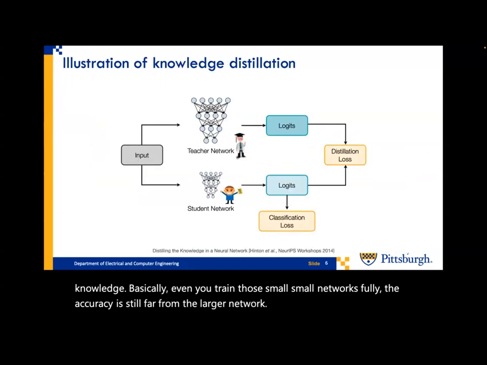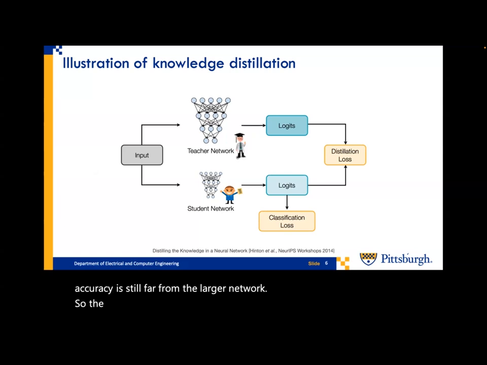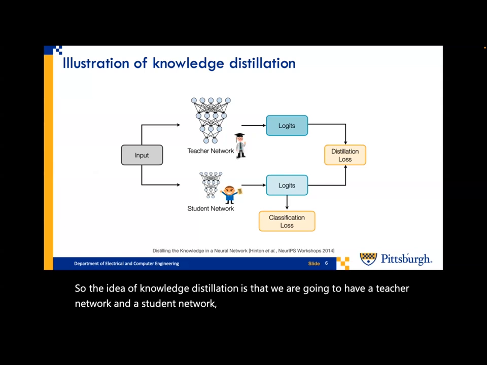So the idea of knowledge distillation is that we are going to have a teacher network and a student network. Instead of what we did for pruning and quantization, where we directly pruned or quantized the original model, now we have a smaller network and use it to learn from this larger network.